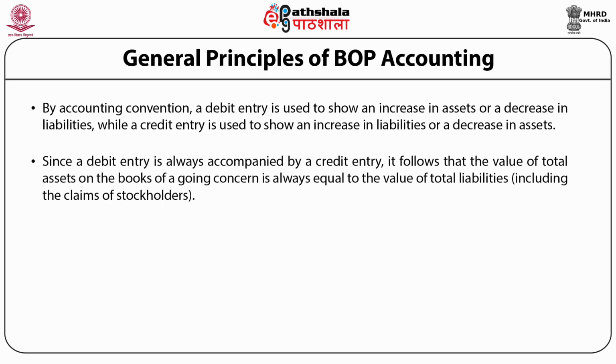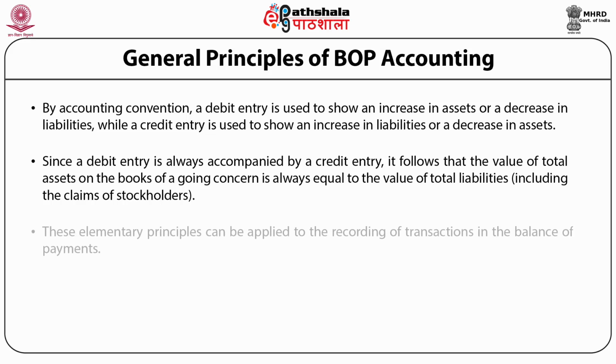Since a debit entry is always accompanied by a credit entry, it follows that the value of total assets on the books of a going concern is always equal to the value of total liabilities, including the claims of stockholders. These elementary principles can be applied to the recording of transactions in the balance of payments.